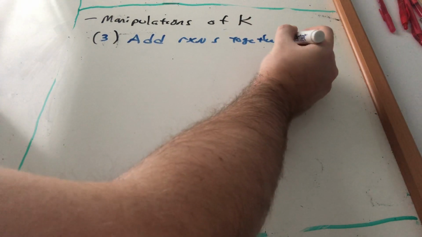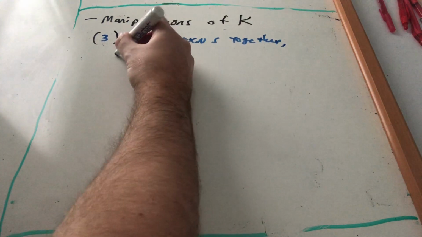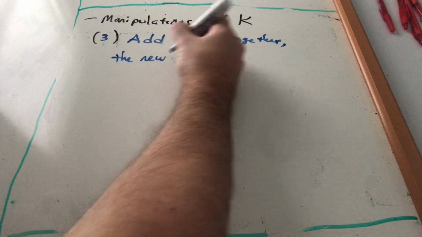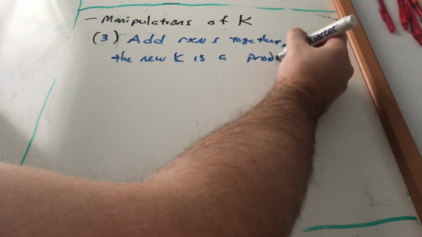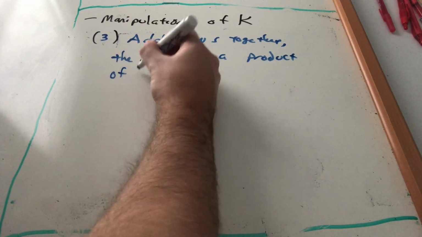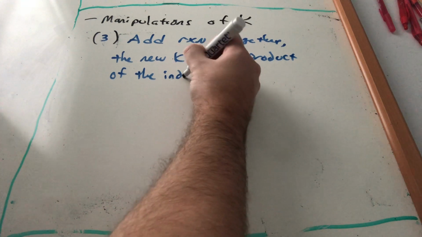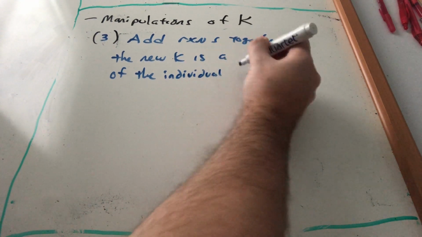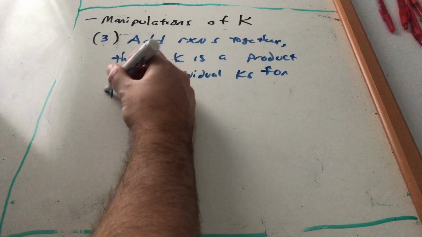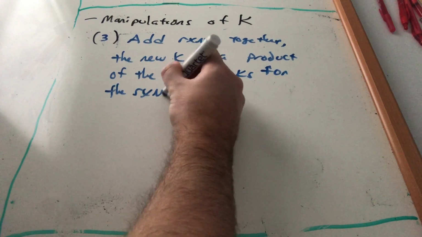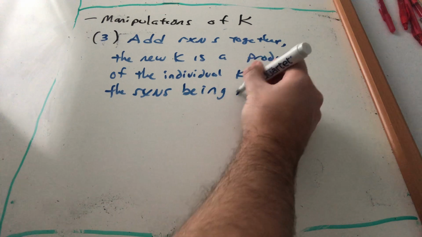When we add reactions together, the new K is a product of the individual K's for the reactions being added.